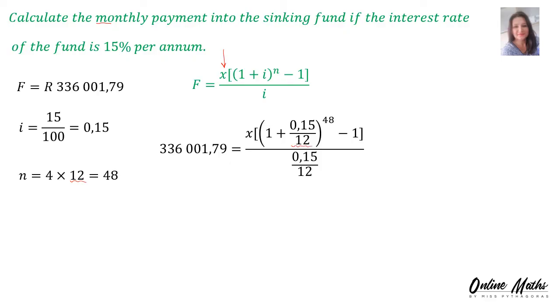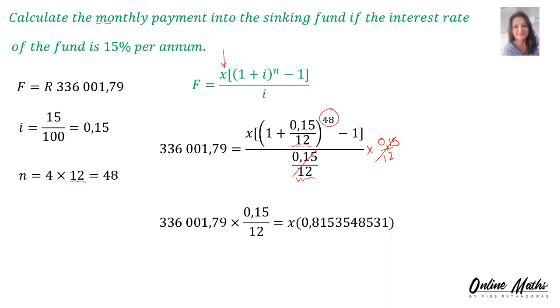Raised to the power of N, which is 48, minus 1 over I, which is the 0,15 divided by 12 because of the monthly payments. Then we will multiply both sides with 0,15 over 12. So on the right it will cancel and you will multiply with the left.